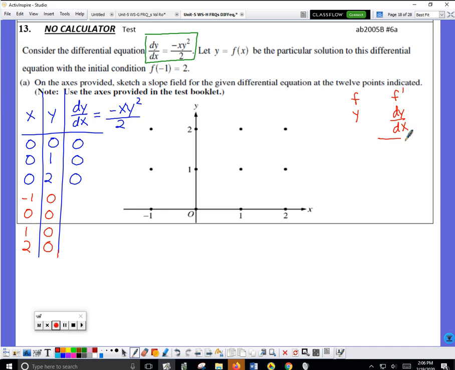We have an equation right here, and we're trying to figure out what this is doing. This is a picture of what this does. So if f goes through the point 0, 0, this is kind of a what if picture. If f were to go through this point, the slope of f as it went through that point would be 0. Does that make sense?